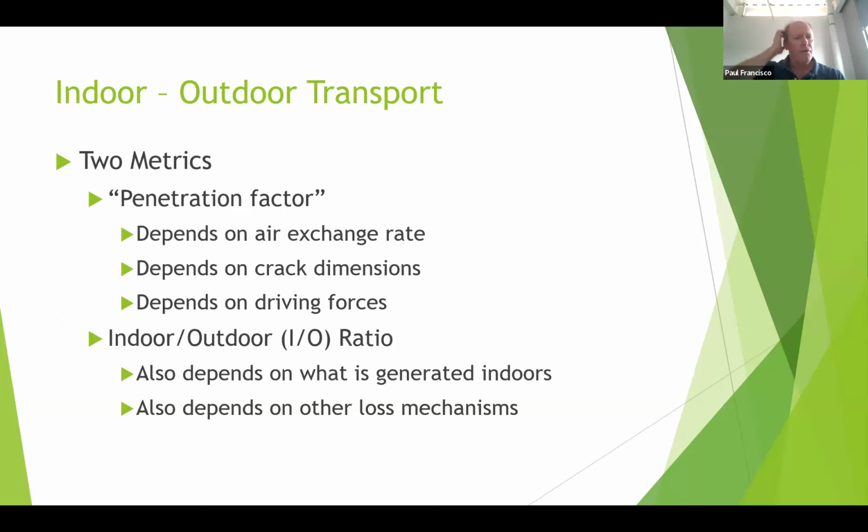Focusing mostly on particles, there are really two metrics that I see in the literature. One is called penetration factor, and that's the one I'm going to be talking about the most, but I'm going to talk a little bit also about the indoor-outdoor ratio. Penetration factor is just how much of what's outside gets inside.